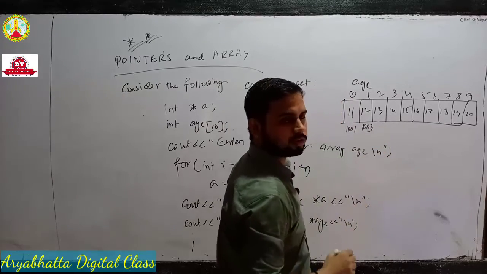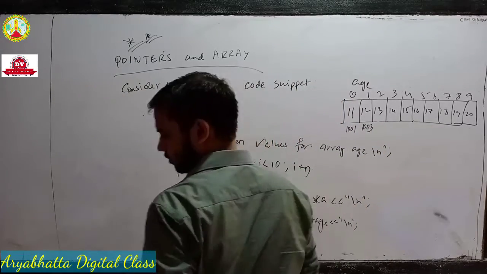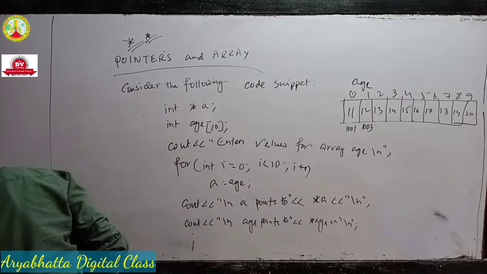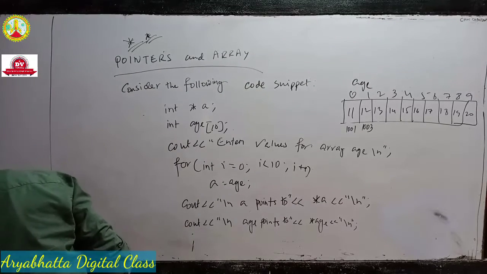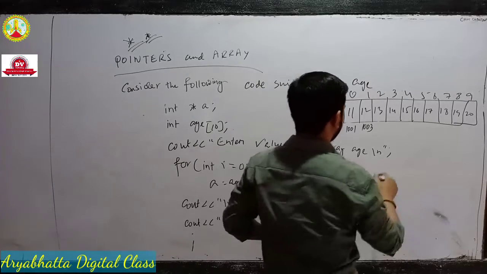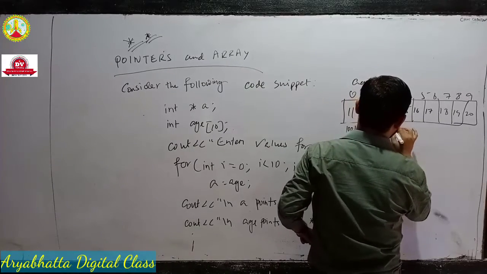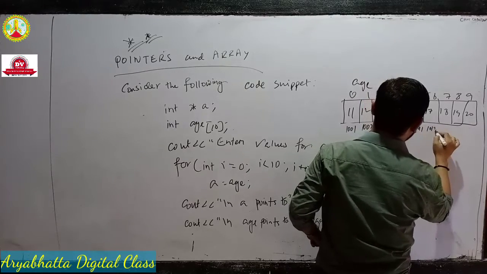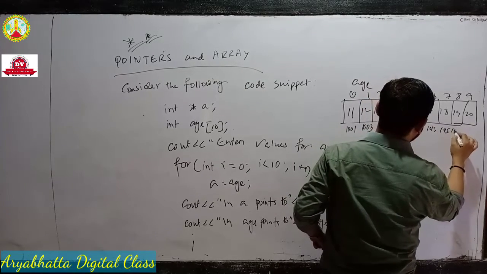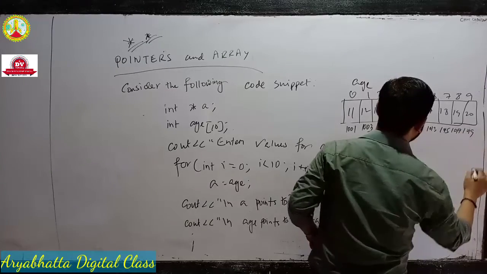Why a difference of two? Because the int data type consumes 2 bytes of memory. Then 1005, 1007, 1009, 1011, 1013, 1015, 1017, 1019.